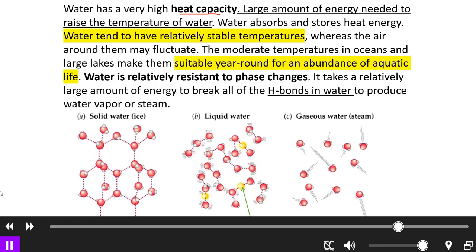It takes a relatively large amount of energy to break down all of the hydrogen bonds between water molecules, to produce, for example, water vapor or steam. So if we have liquid water and we need to convert it to gas, vapor or steam, we need to input a lot of energy in order to break down hydrogen bonds between molecules.